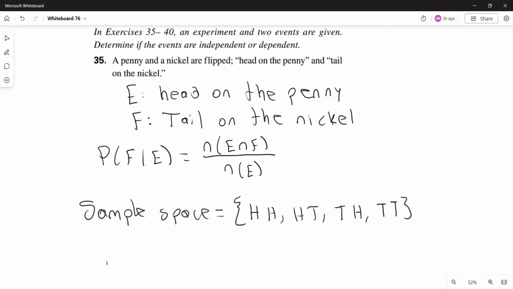The number of elements in E intersect F is 1.